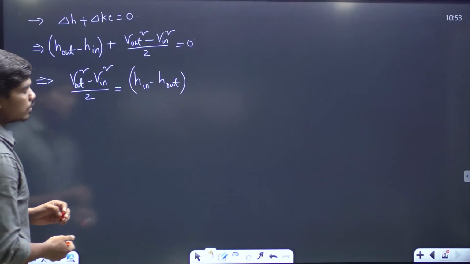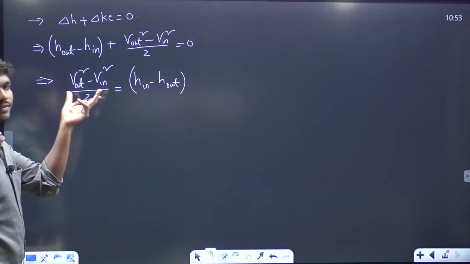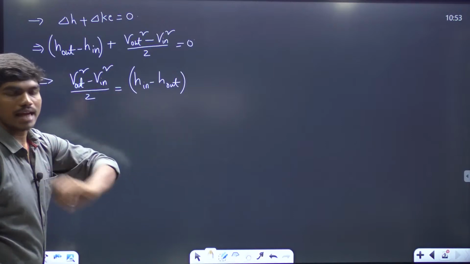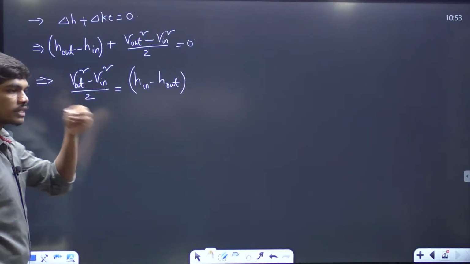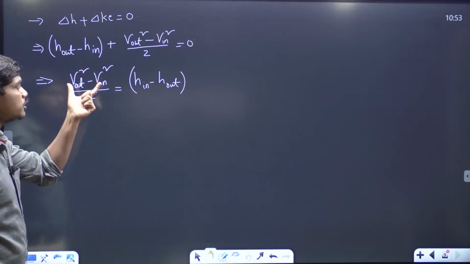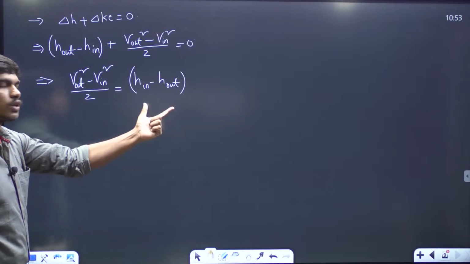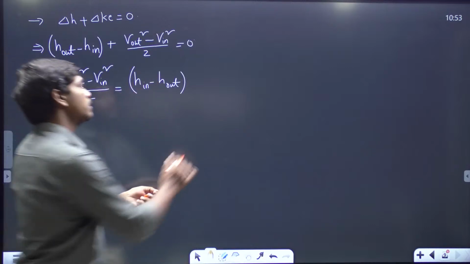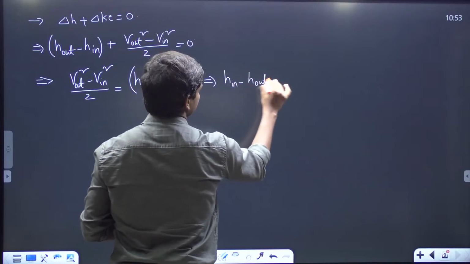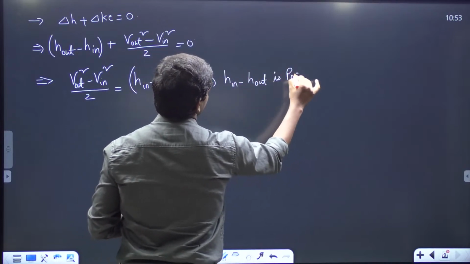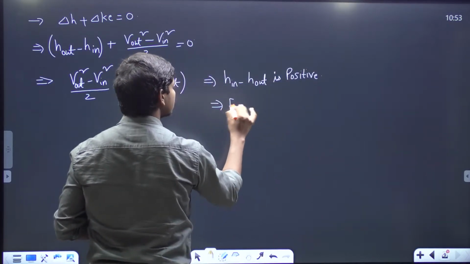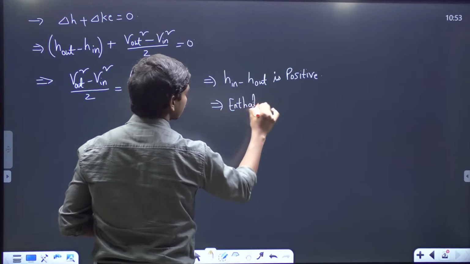Basically, this value is positive because in a nozzle the fluid gets accelerated in general. So if V out is much more than V in, this value is positive, which means H in minus H out is also positive, which implies enthalpy is decreasing.